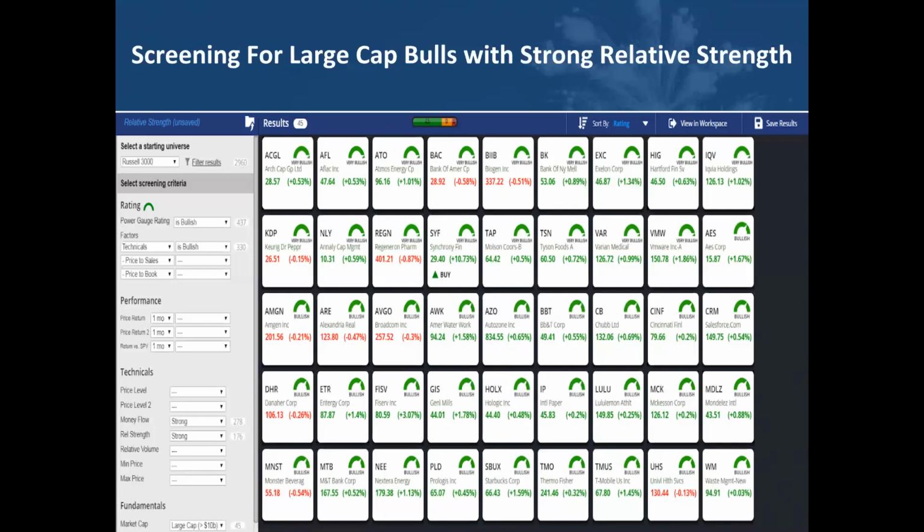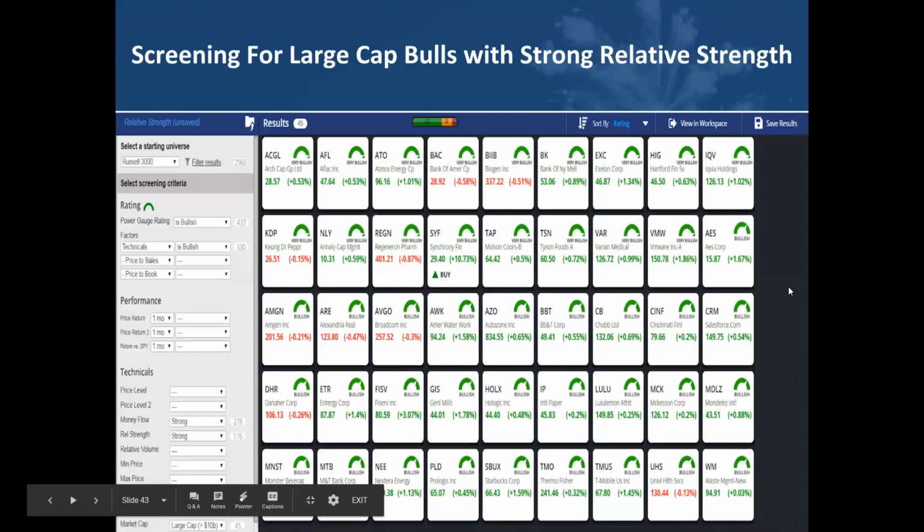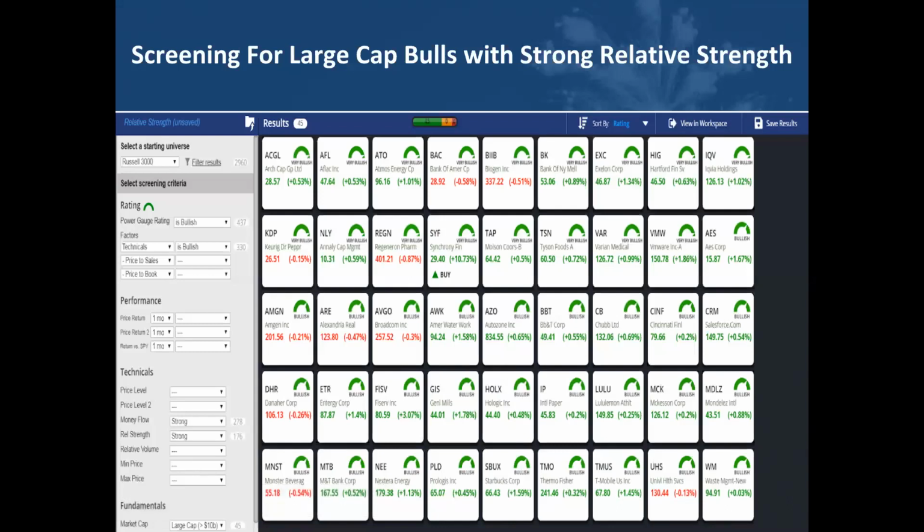And just given the fact that I want names that are more liquid, if I filter down one last time to only large caps, I come out with 45 names that are likely to outperform the market going forward. And if you want to screenshot this, take a picture of it, whatever it is. I ran this screen this morning.